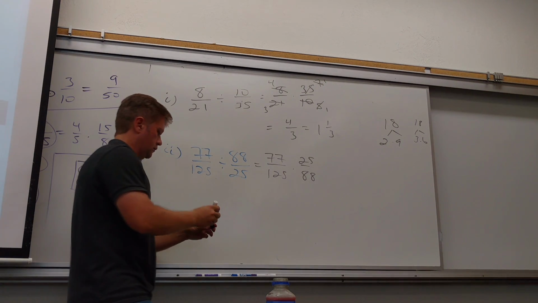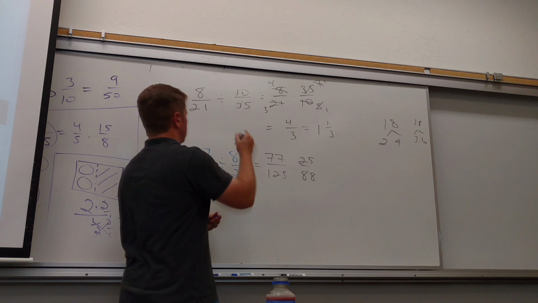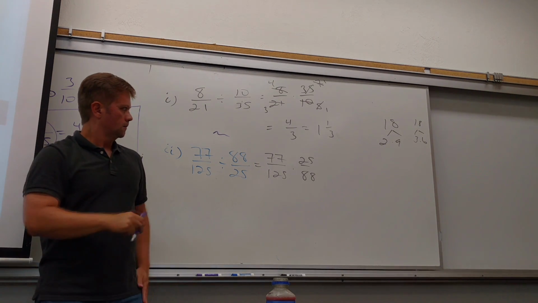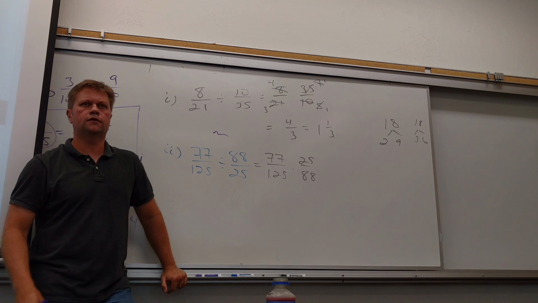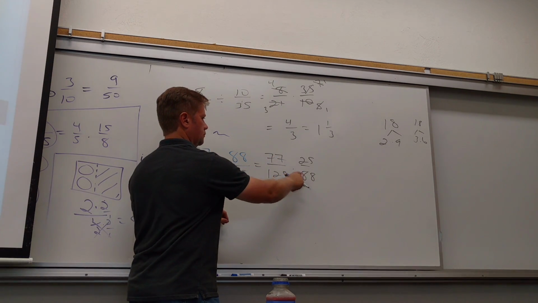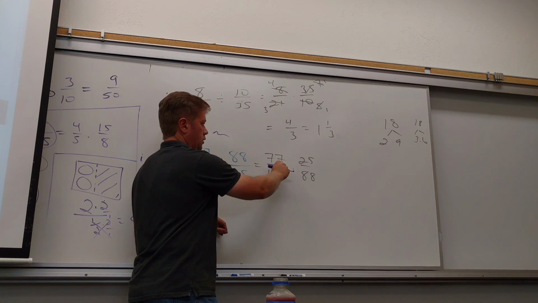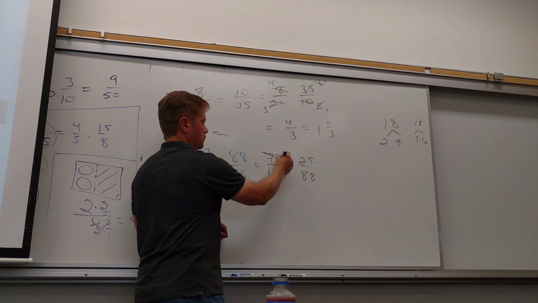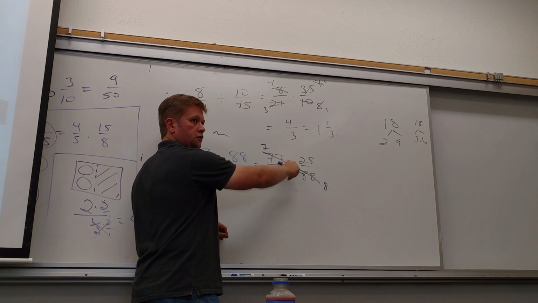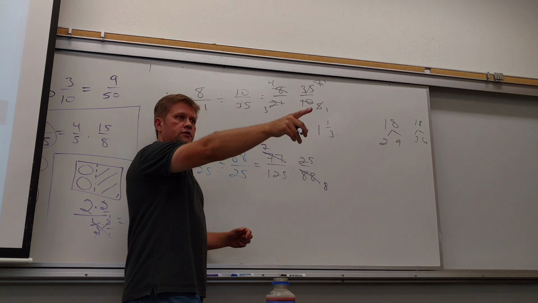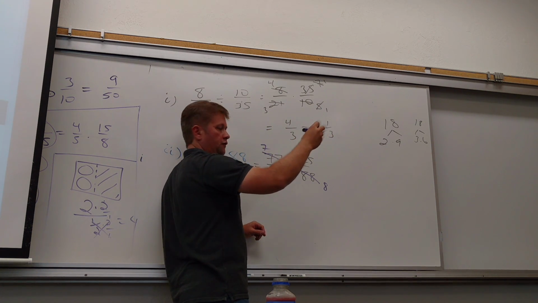Okay, one of these markers. All my markers are dying. And now you just attack them with whatever you see. So this should be pretty straightforward. What goes into both of those? 11. 7, 8. What goes into both of those? 5.